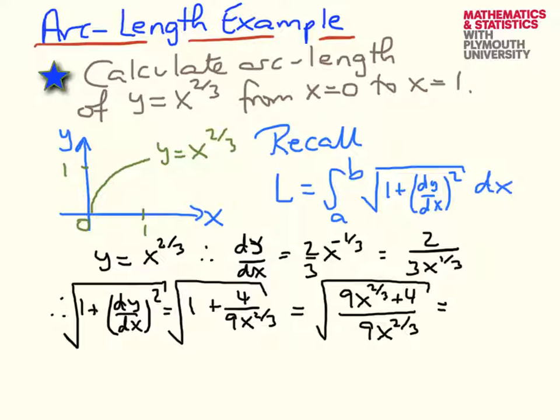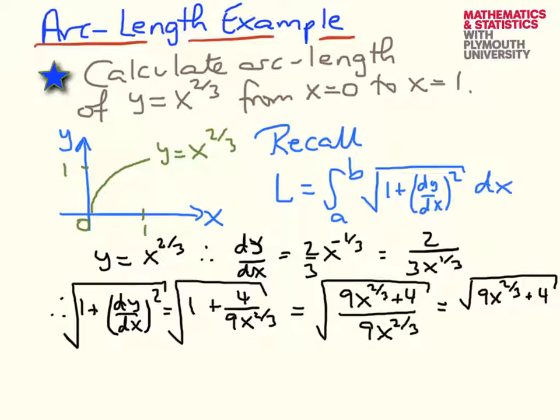And now the square root of a ratio, something divided by something, is the square root of the top divided by the square root of the bottom. So I can get here on the top the square root of 9x to the 2/3 plus 4.